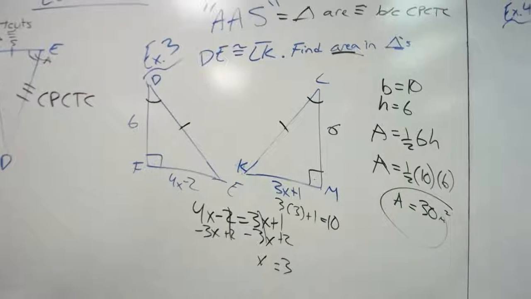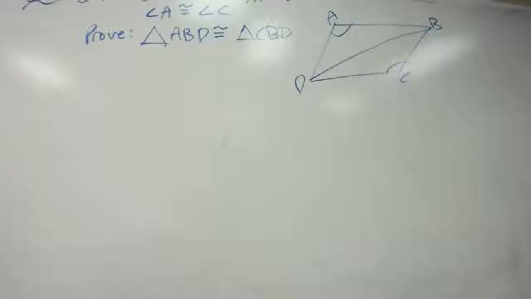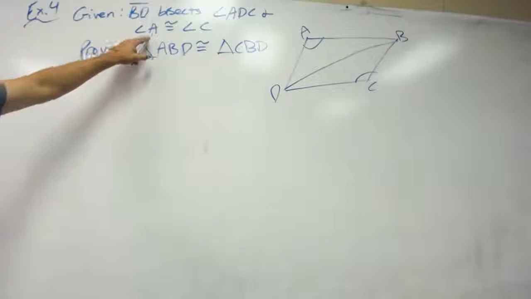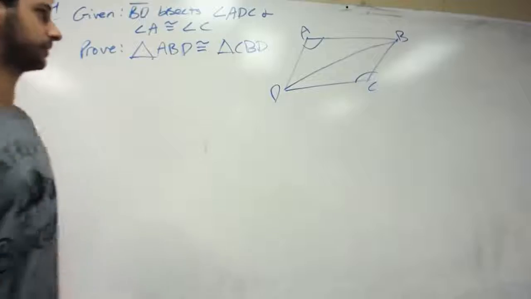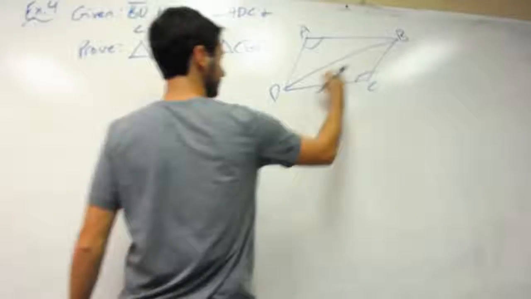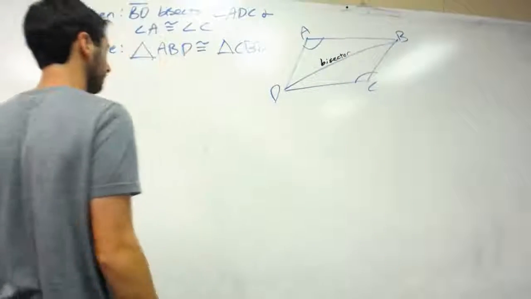Now let's look at one proof. We haven't done a proof using the triangle congruence theorems yet. It says in example 4 that our given is BD bisects angle ADC, and angle A and angle C are congruent. That's what's given. A and C are congruent, and BD is a bisector. That's a key word that we'll need to use later.